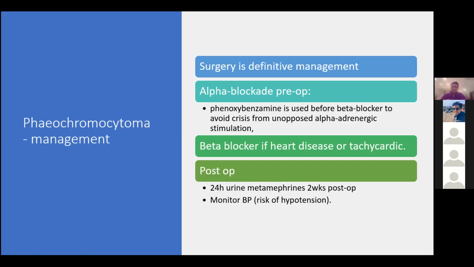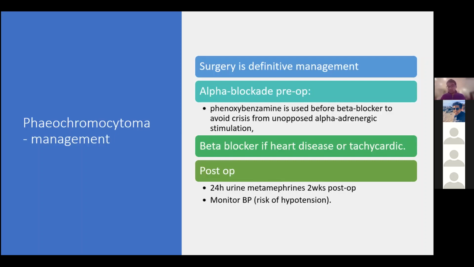In terms of surgery for these patients, that is the most definitive management, to remove the source of the excess catecholamine. You want to give them alpha blockade pre-op, and as I said before, you want to avoid giving a beta blocker before this, because if they have unopposed alpha adrenergic stimulation, this can cause their hypertensive crisis to become a lot worse.